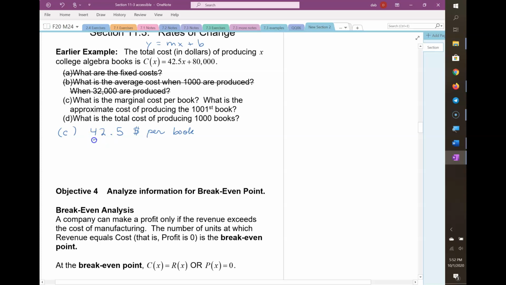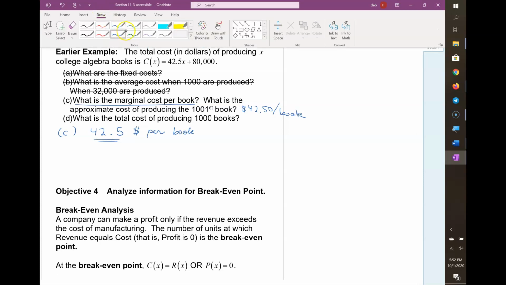Well, it's $42.50 because it doesn't change when you have a linear function. That is the characteristic of a linear function. Each one that you add adds the exact same amount of cost. So the answer to the first part of C and the second part of C are both $42.50 per book. And I'm writing it in two different ways just so you can see and get used to it.